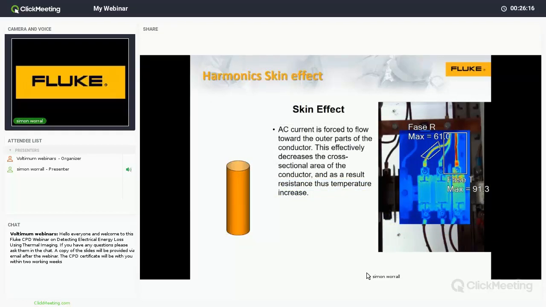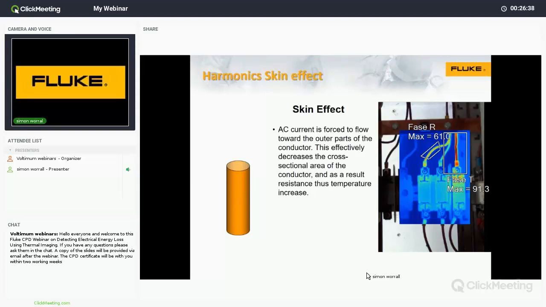The next thing we have to take into account when we have harmonics present in our systems is skin effect. Our wiring in our systems was always designed to operate at 50 hertz, and in years gone past, that's what they did. So when we have our fundamental, the AC current flows through the whole area of our copper conductors.